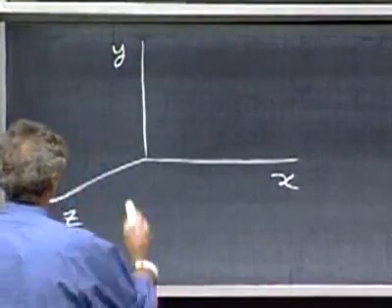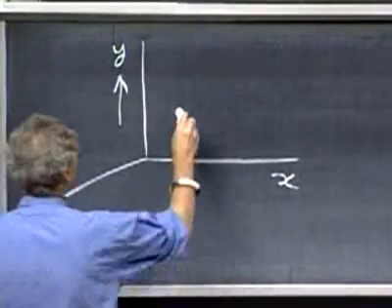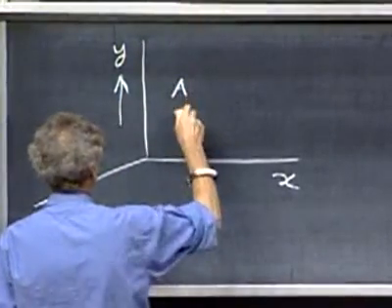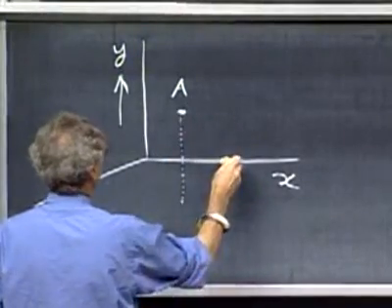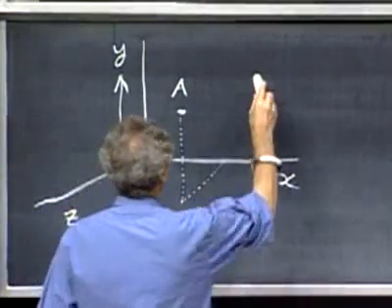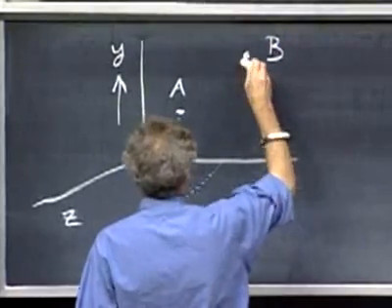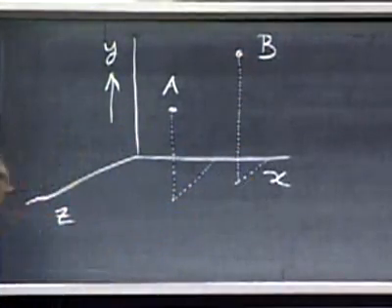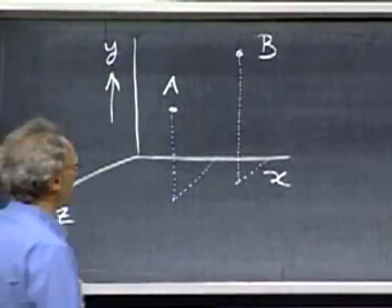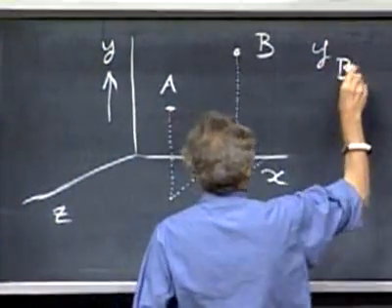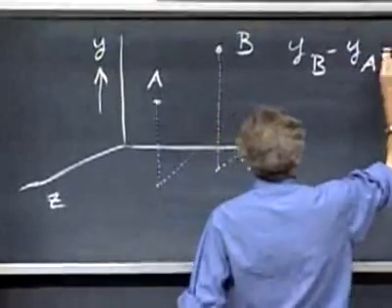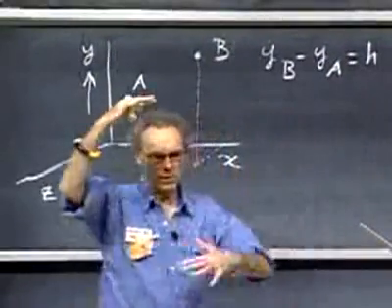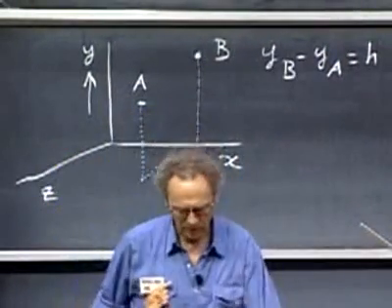Here is the increasing value of y, and there's point A in 3 dimensions, like this, and there is point B. So you get a rough idea about the 3 dimensions. And y of b minus y of a equals h. That's a given. So there's a height difference between A and B.